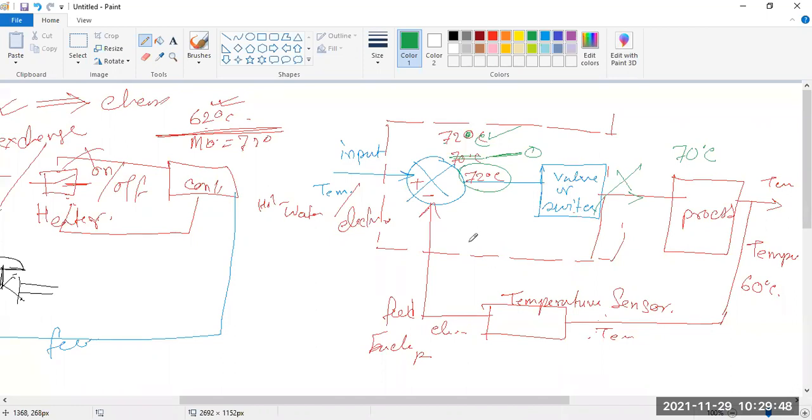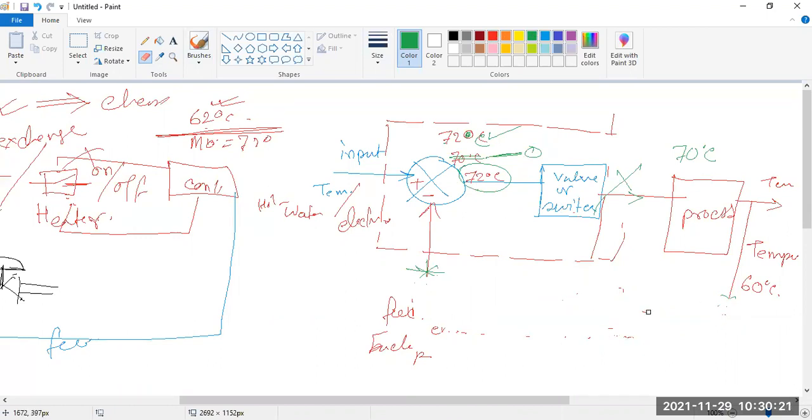If anyone is confused, you may ask me. But another point I have to make: in this process, a feedback path is there. That's why it is called a closed loop control system, because the loop is closed here. If there is no feedback path, then it is called an open loop control system.